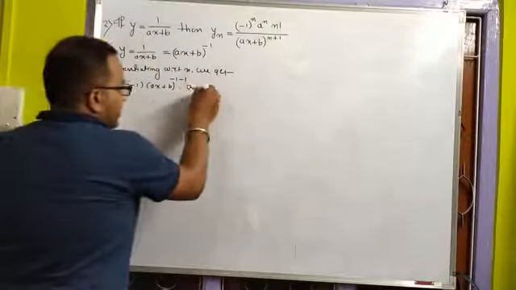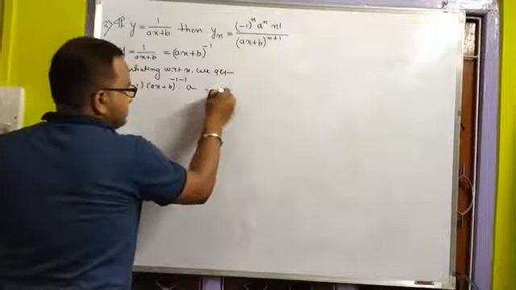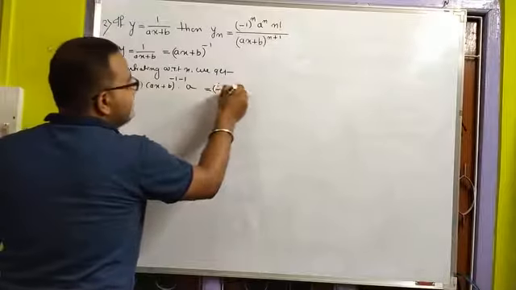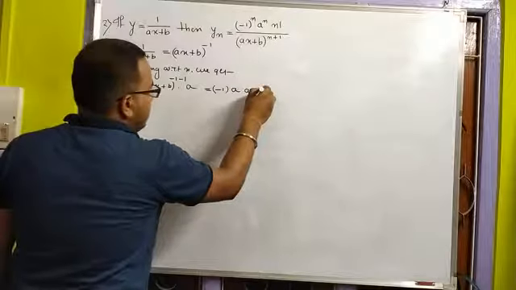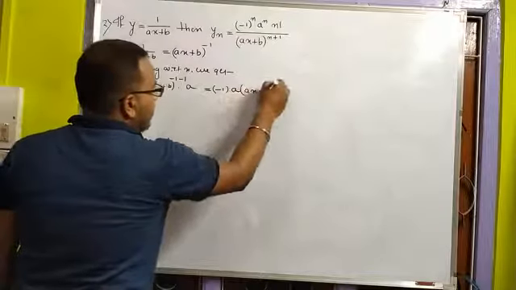So this can be written as minus 1, a, then ax plus b whole thing to the power minus 2.